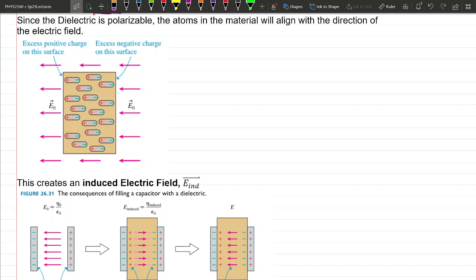Basically, the positive charge is going to get pushed along the electric field, while the negative side of that little molecule is going to get pulled. So imagine that by default, inside the material, the molecules are not aligned. This is the positive end, this is the negative end.